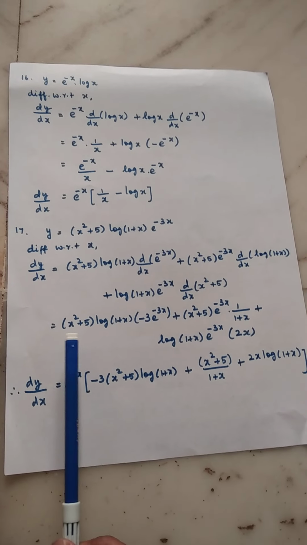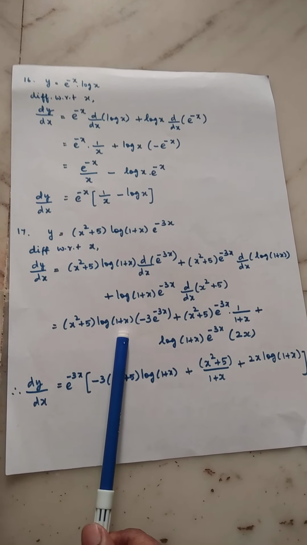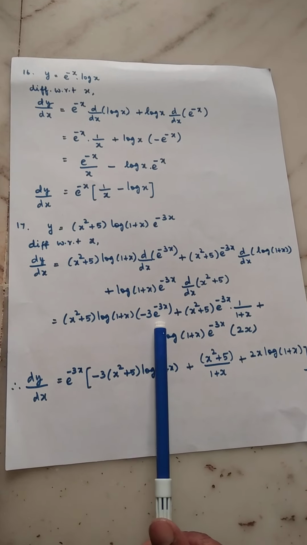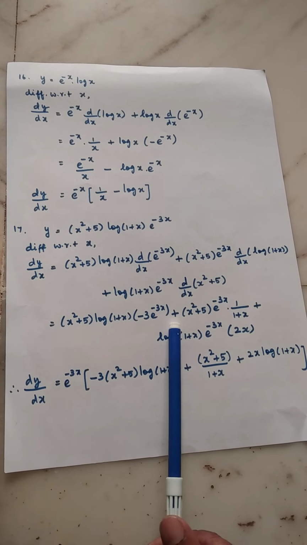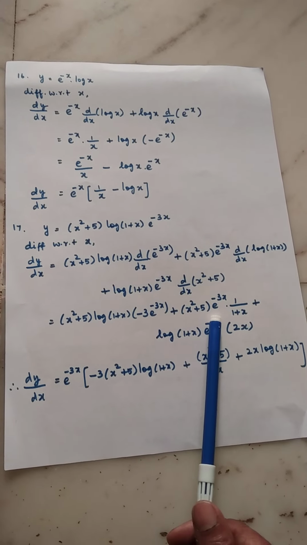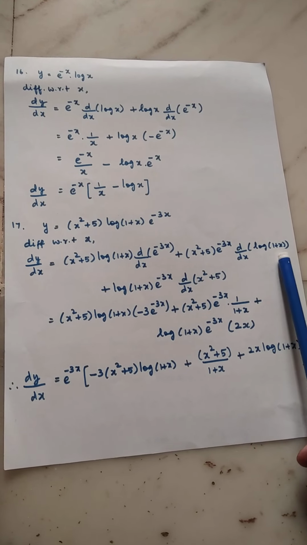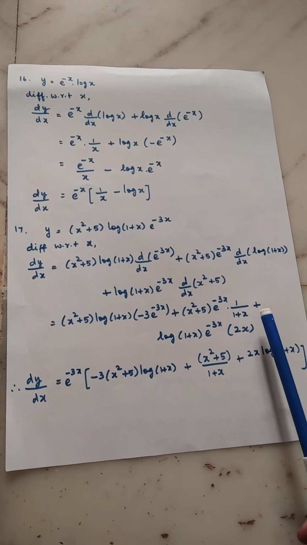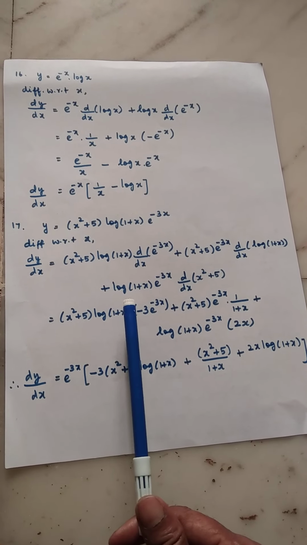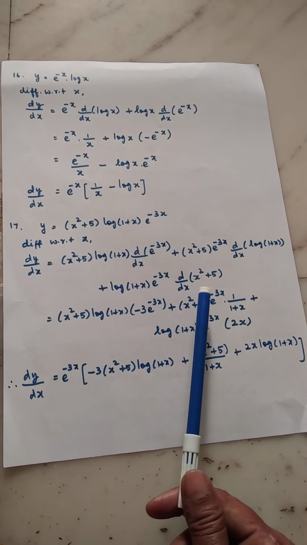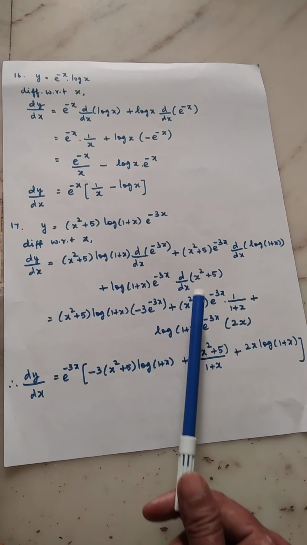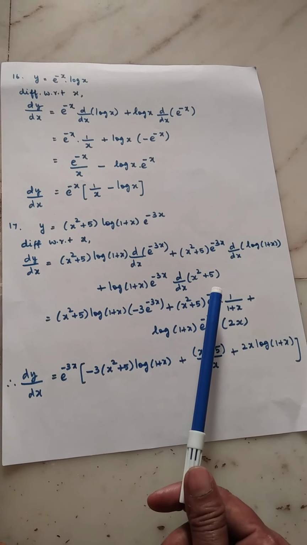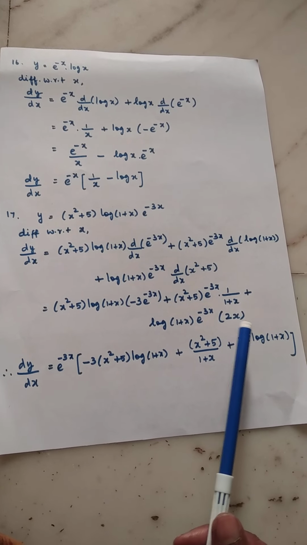So this again, x square plus 5 log of 1 plus x, derivative of e power minus 3x is minus 3 e power minus 3x, plus x square plus 5 e power minus 3x, derivative of log of 1 plus x is 1 by 1 plus x, plus log of 1 plus x e power minus 3x. Differentiating, derivative of x square is 2x, plus 5 is a constant, derivative of 5 is 0, so that we need not write.